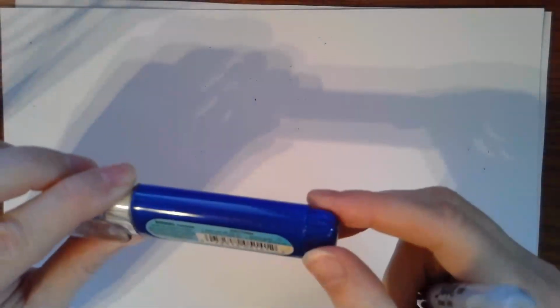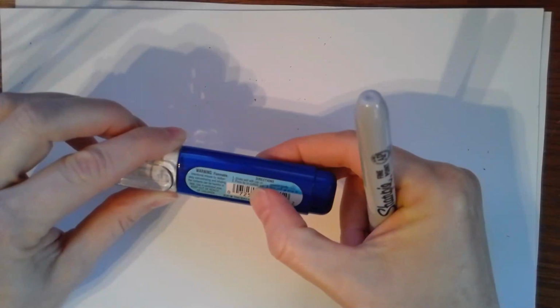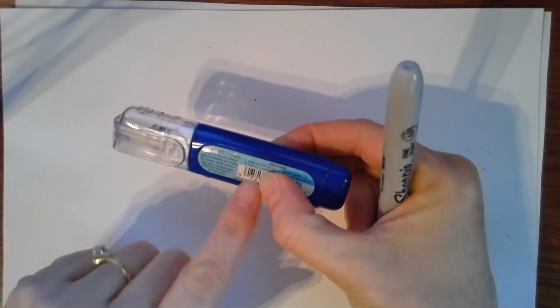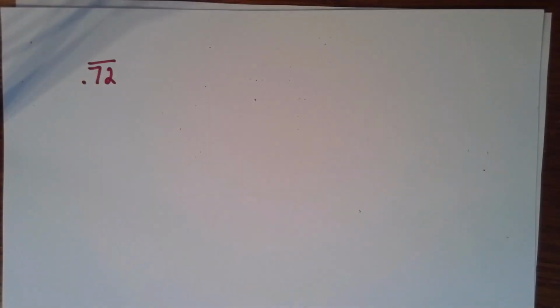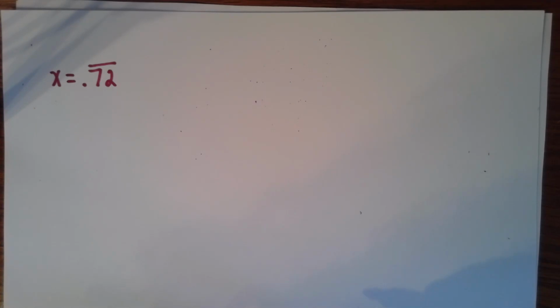So, for instance, let's say I want to practice doing two digits that repeat. I'll just pick the first two numbers, 7, 2. All right, what is 0.72 repeating? Remember the way that we did this is we set up some variable x equal to 0.72 repeating.